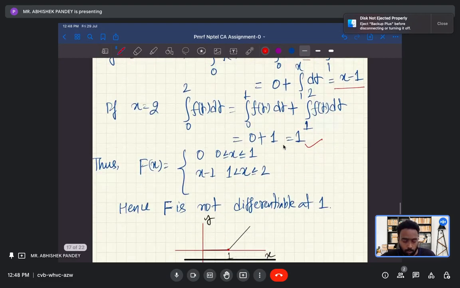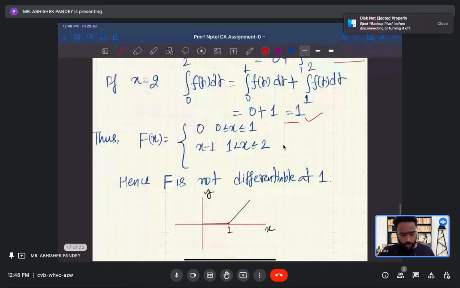If x equals 2, the integral is the same; we split it in two parts, the integral from 0 to 1 and the integral from 1 to 2. This equals 0 plus 1, which is 1.